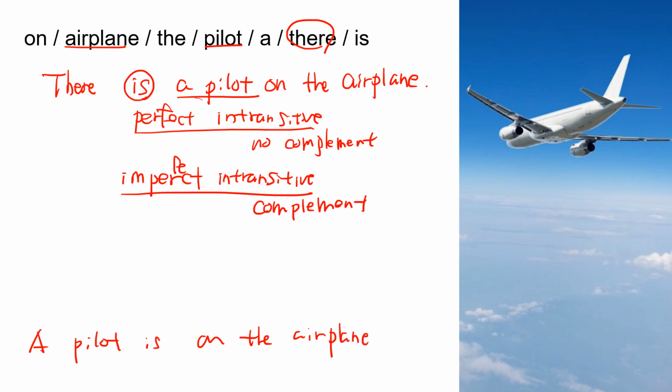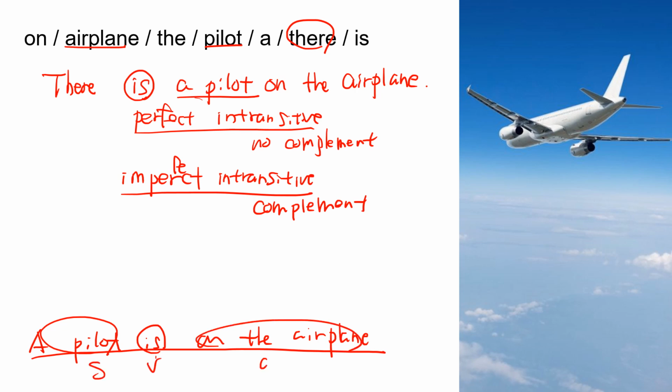So this sentence and this sentence are in a way the same. Subject and verb, and this one is a perfect intransitive. So subject, verb, and "on the airplane" is an adverbial phrase, so it has nothing to do with the sentence pattern. So this one is subject plus verb.